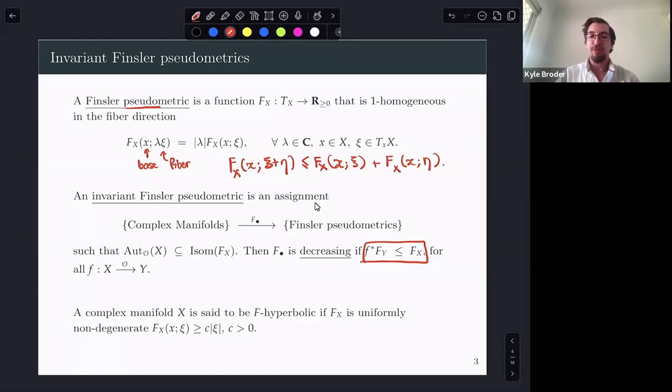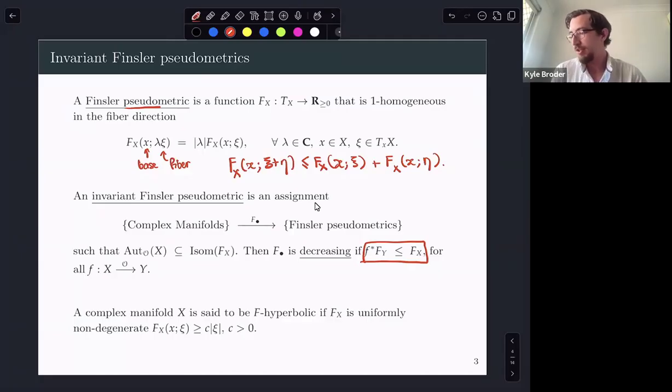Then, supposing one has such an invariant Finsler pseudometric, one says that a complex manifold is hyperbolic if, when evaluating this functorial, invariant Finsler metric type object on that complex manifold, it's non-degenerate, and uniformly non-degenerate.